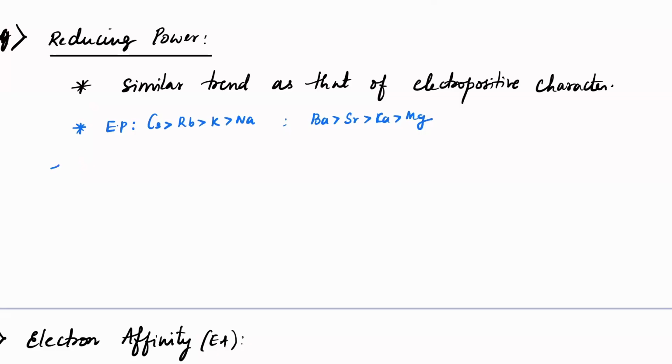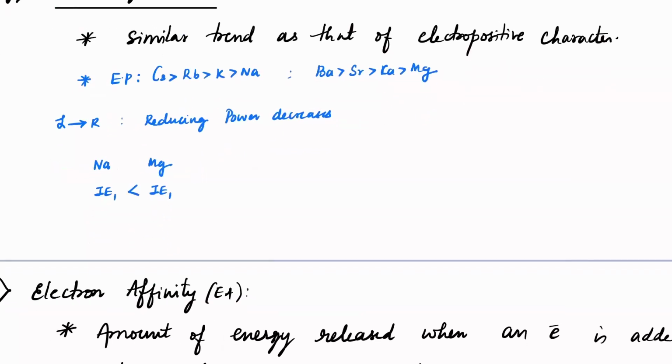So left to right, what would happen? Left to right, reducing power decreases. For instance, if you compare sodium, Na, and magnesium, if it comes to ionization 1, the first ionization between these two, IE1 is greater for magnesium.